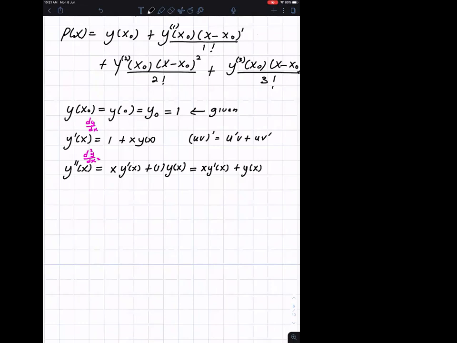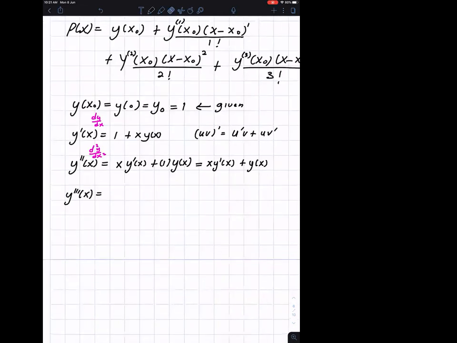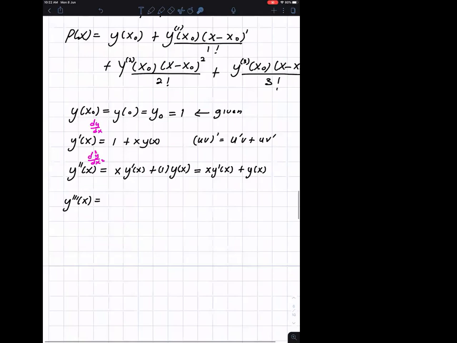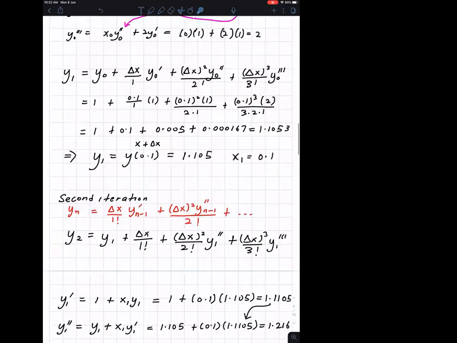Next, you can do y triple prime, the third order derivative. Again, you apply the product rule on this. I think we have already been through this earlier. I'm going to move on quickly so that we can cover all the examples. All the derivatives have been done here.